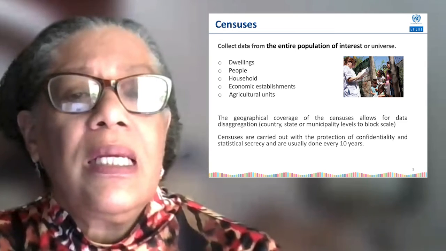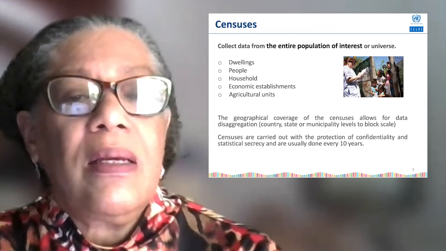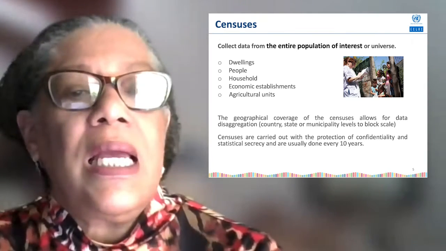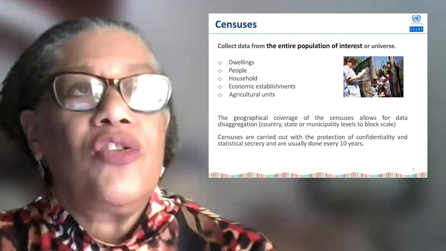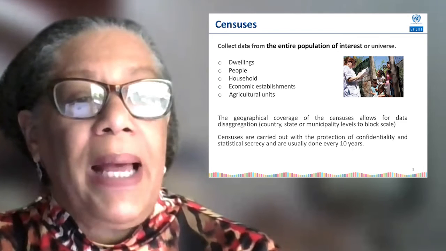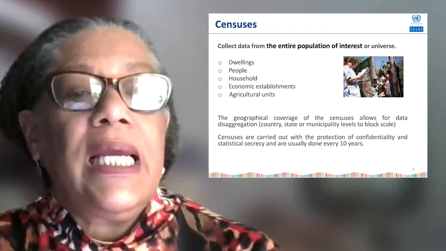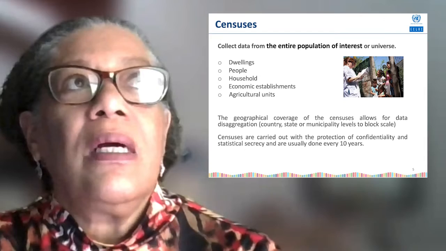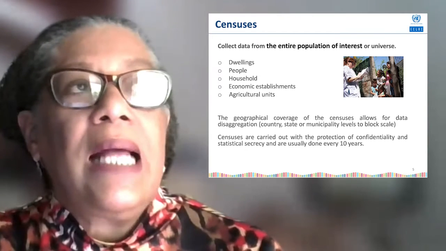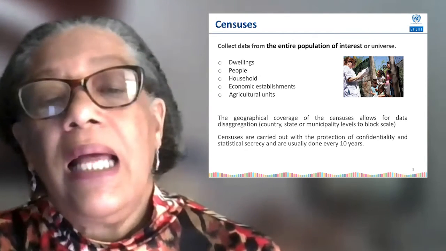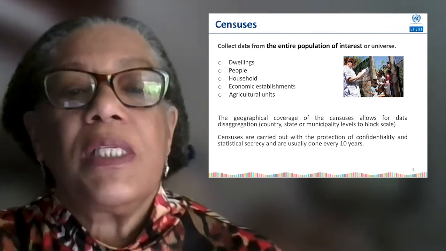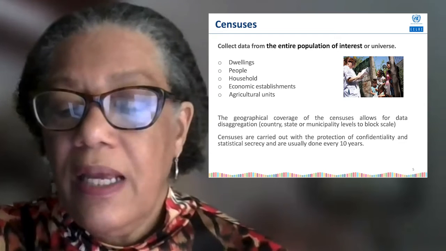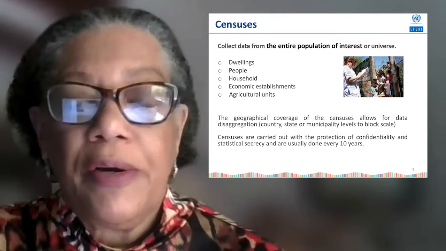So the scale of the census allows for data disaggregation by the country, state, or municipality. And they are usually carried out under confidentiality and statistical secrecy, and usually done every 10 years. Of course, there are some countries that do censuses every 5 years, but those are rare.